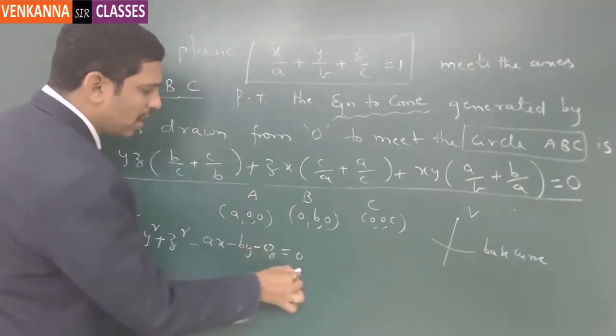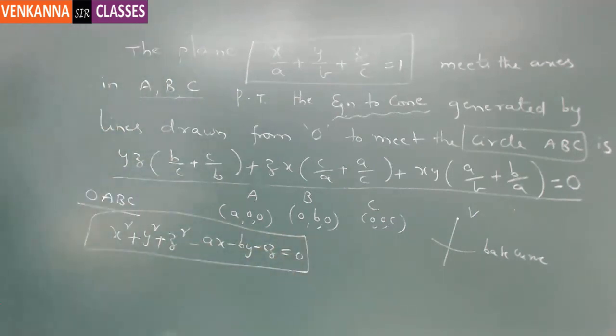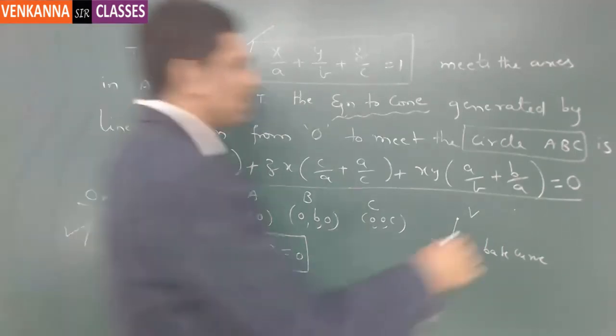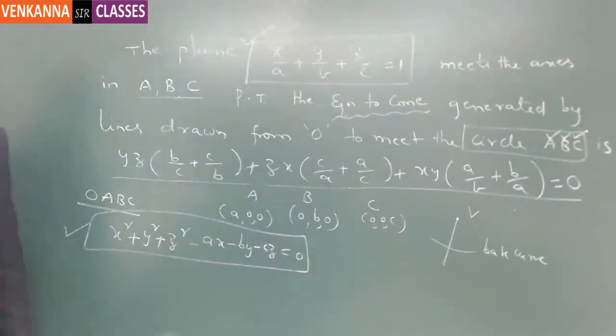This thing we have already done in the spheres part. Now this is the sphere and this is the plane. These two will intersect and give a circle, and the 3 points on the circle are the points A, B, C. Clear? Is it fine to all? Yes or no?